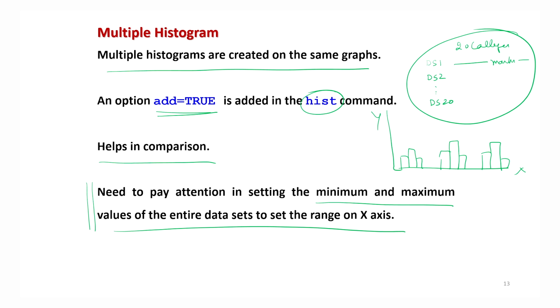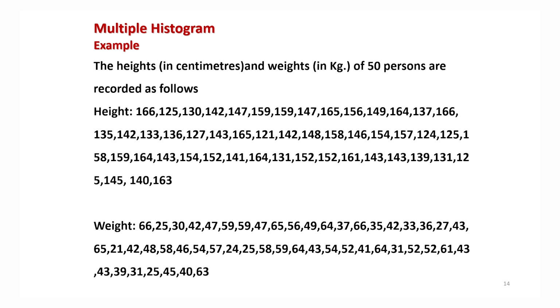So, the marks are going to be between 0 and 100, but suppose one college is giving marks between say 0 and 20, somebody is marking between 0 and 40, and another college is giving say between 0 and 100. So, in this case you have to be careful that when you are trying to choose the range on the x-axis to plot the multiple histograms, then you have to choose the minimum value of all the data sets and the maximum value of all the data sets with respect to the range on the x-axis, right.